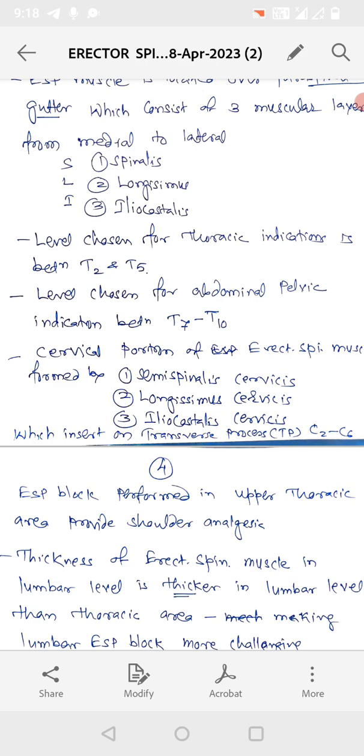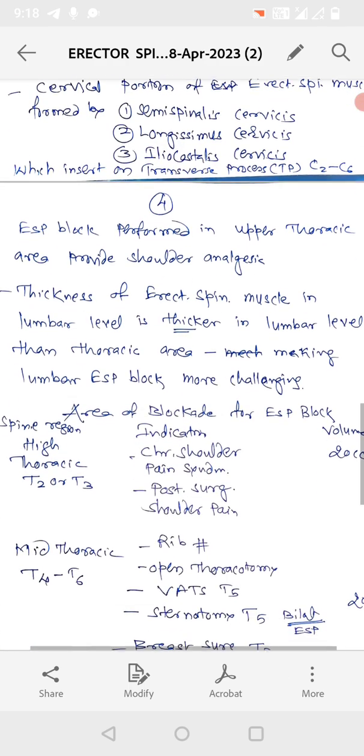The cervical portion of the erector spinae muscle is formed by semispinalis cervicis, longissimus cervicis and iliocostalis cervicis. These muscles insert on the transverse processes of C2 to C6.